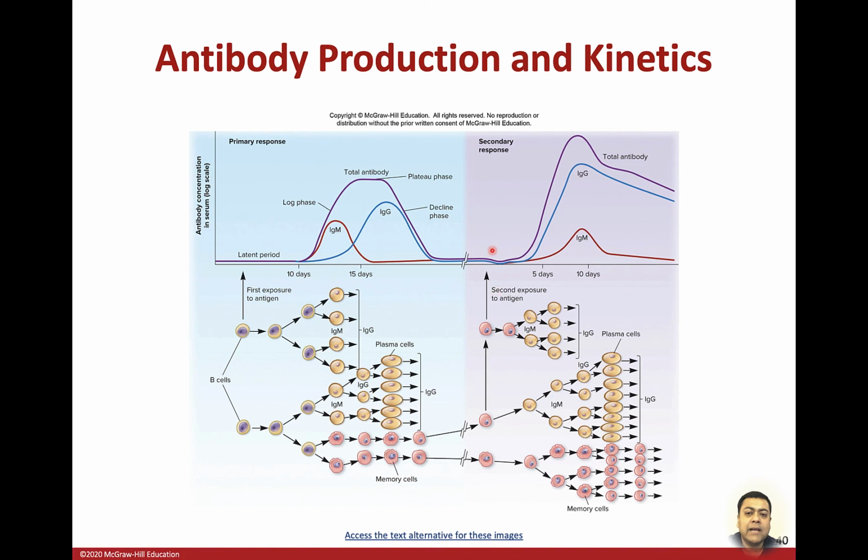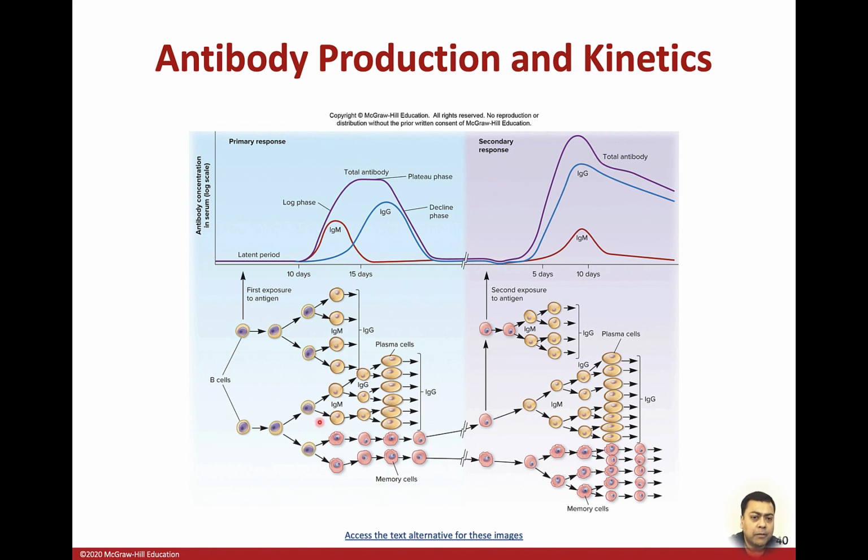If you have a second exposure, see that immediately, super rapidly, IgG is produced first and then IgM to some extent. This is the very important part: the kinetics of IgM and IgG completely switch. IgG, which is the highest amount of antibody present in your serum, is produced as a rapid response, and this IgG will stop the infection from going farther.